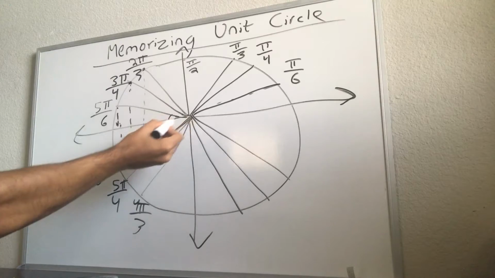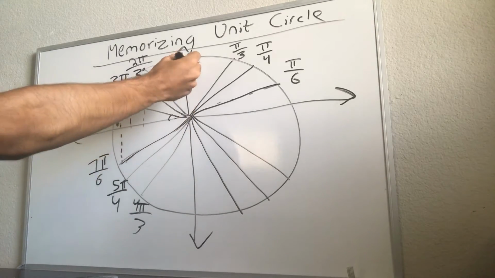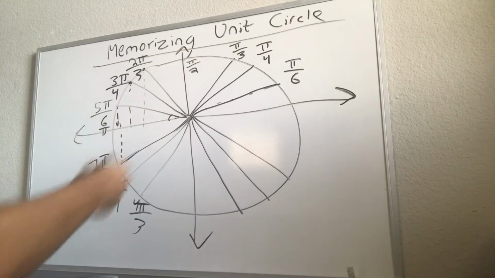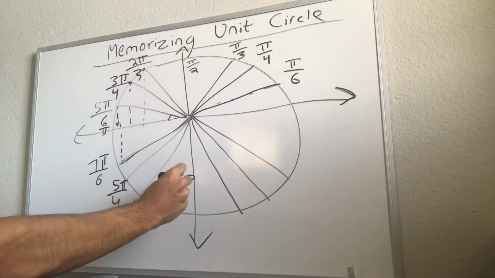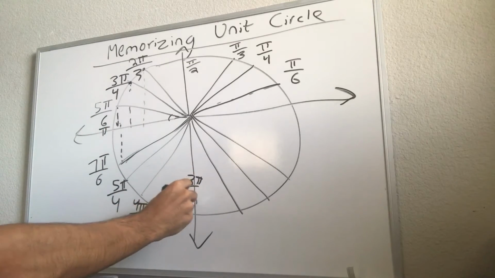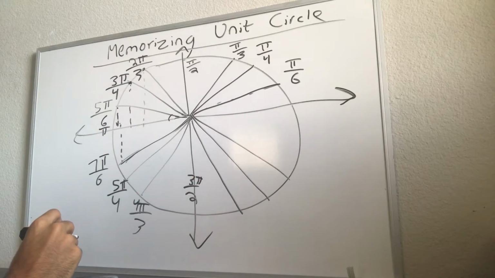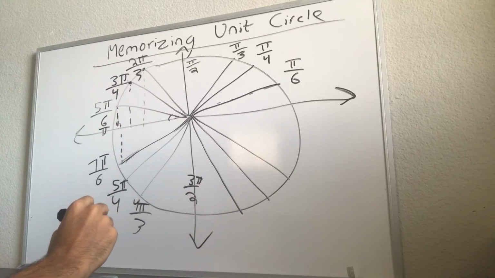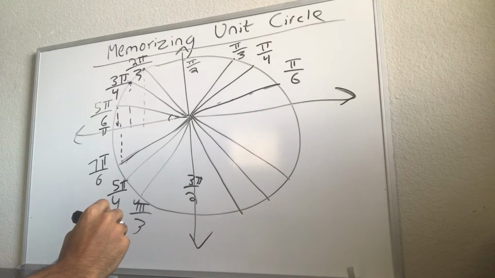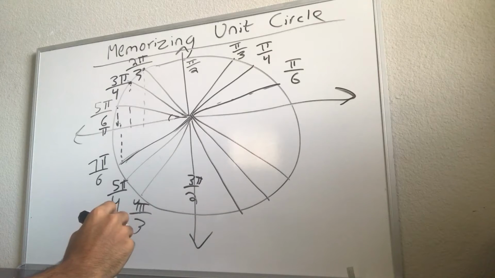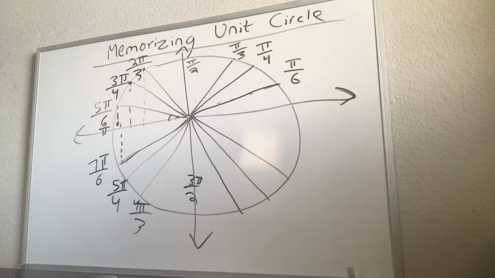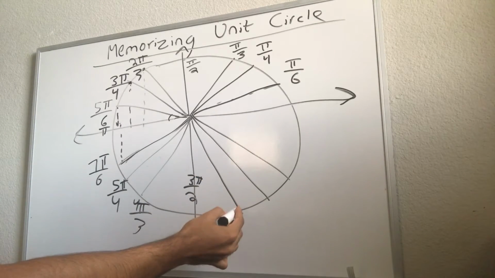And again, we know this angle here is pi over 2, this is pi, that's 90 and 180 degrees, and this one's 3 pi over 2. The rule over here is quite interesting, because what you do is multiply the denominator by 2. For instance, we have something like this.